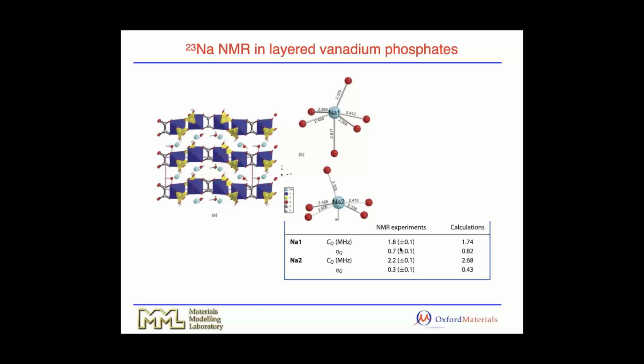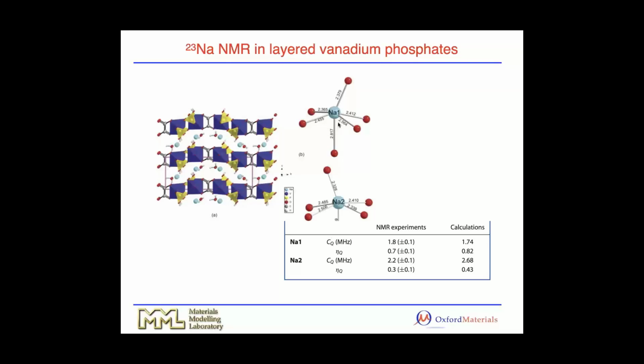These are sodium NMR results. It's a layered vanadium phosphate compound. The sodiums, the pale blue atoms, sit in the interlayer regions. And this is paramagnetic, so it has unpaired electronic spins, but we can calculate the electric field gradients here without any problems.